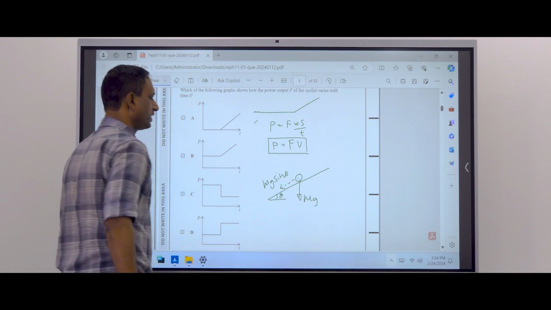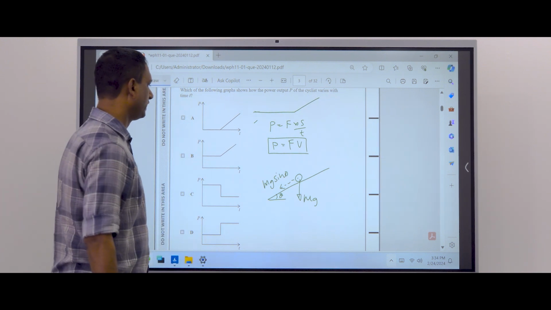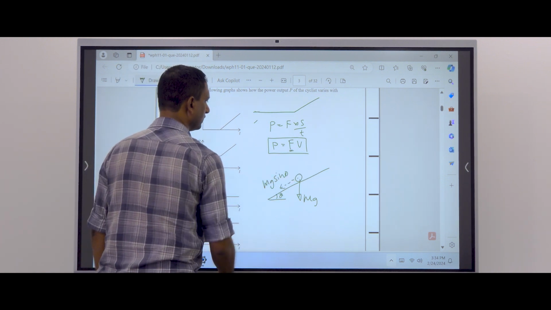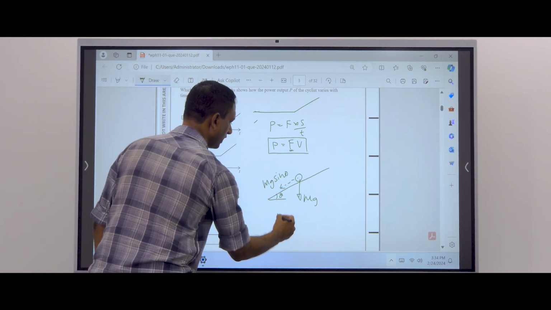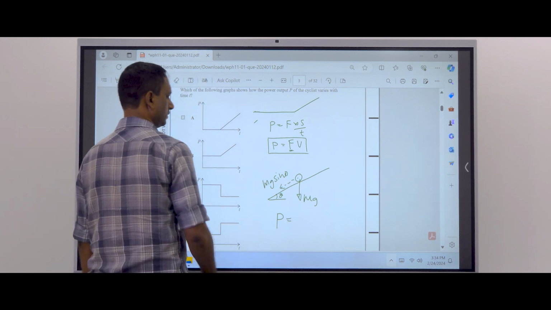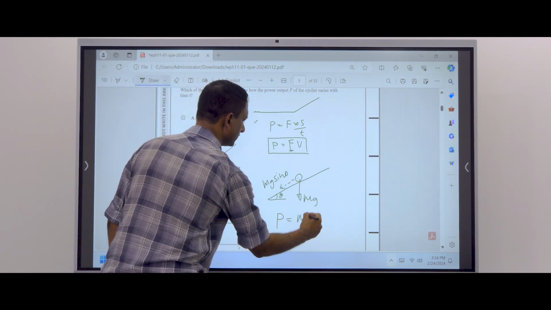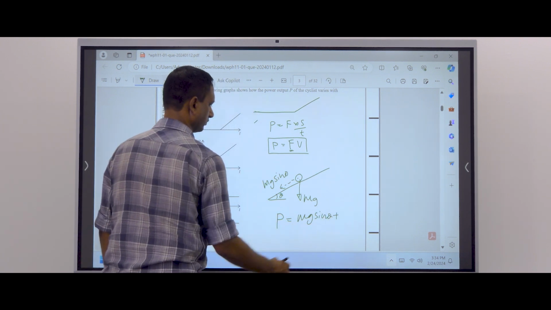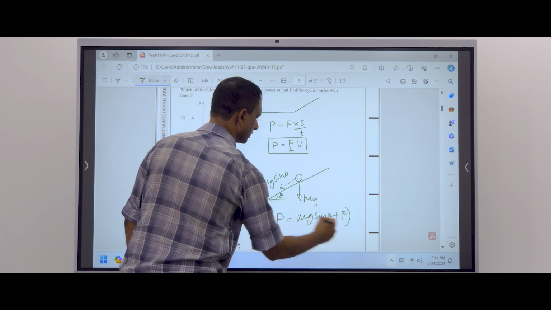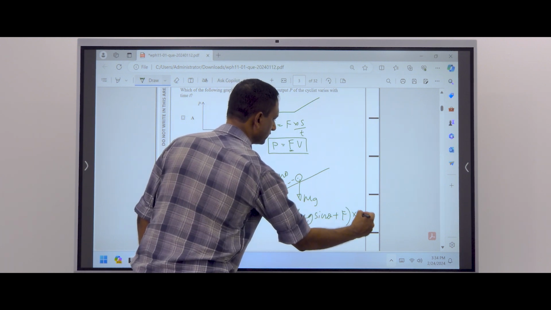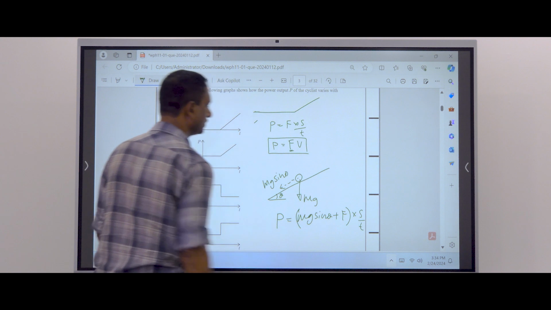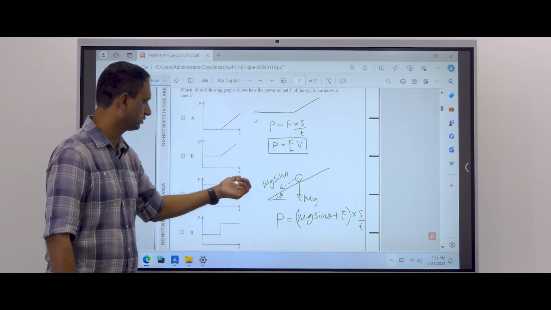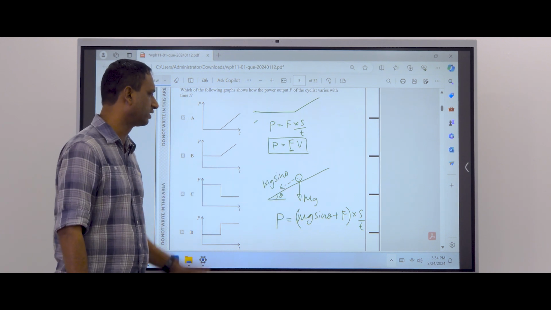This gradient is same, sin theta doesn't change. Then in addition to the frictional force, we have mg sin theta. Now the power would be mg sin theta plus f multiplied by distance divided by time. Distance divided by time is velocity. Then this is the backward force. Mg sin theta plus f is the backward force.